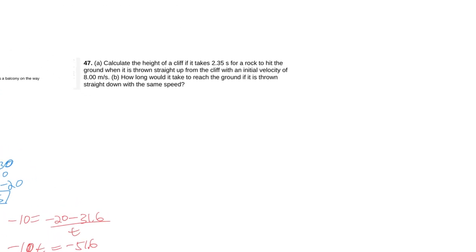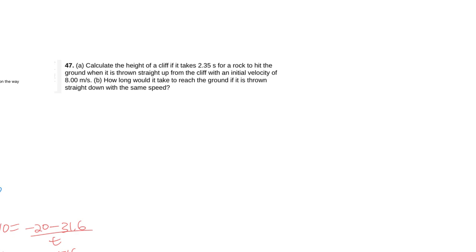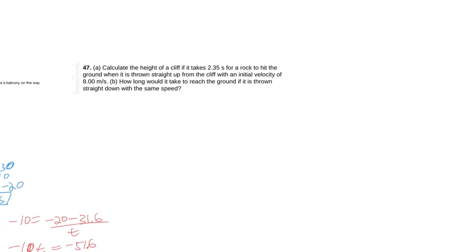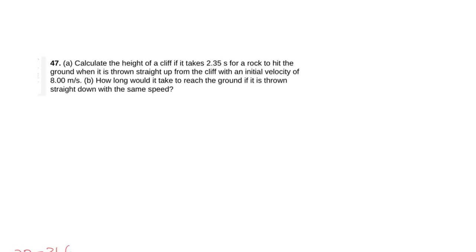Okay, so let's go to the last one. Calculate the height of a cliff if it takes 2.35 seconds for a rock to hit the ground when it's thrown straight up at 8 meters a second. So we're doing something like this. I'm assuming it's going to hit the ground below the cliff.